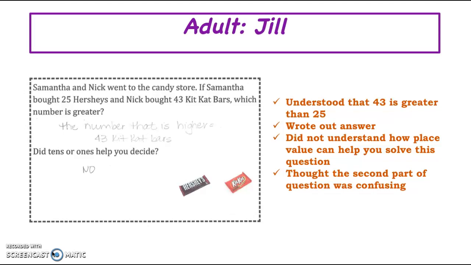So she didn't really understand that for this question, you're really supposed to see how 43, 4 is in the tens place, and for 25, 2 is in the tens place, and 4 is greater than 2, so 43 is the greater number. So she didn't really understand the place value or the whole idea of it, so that was definitely very interesting to see.